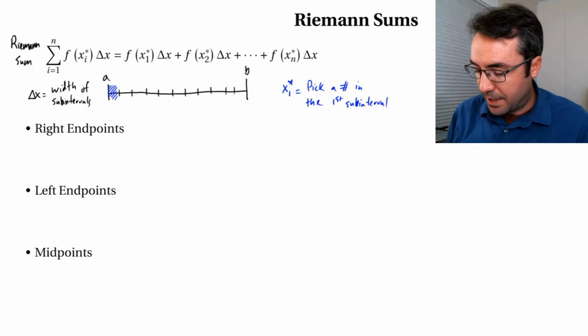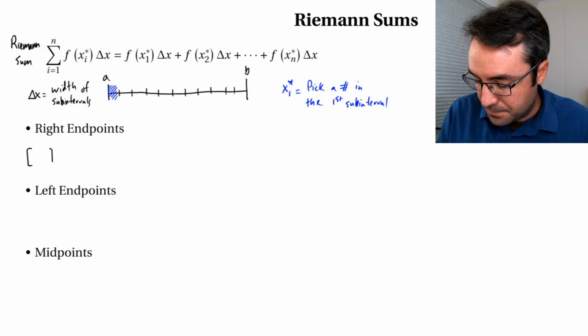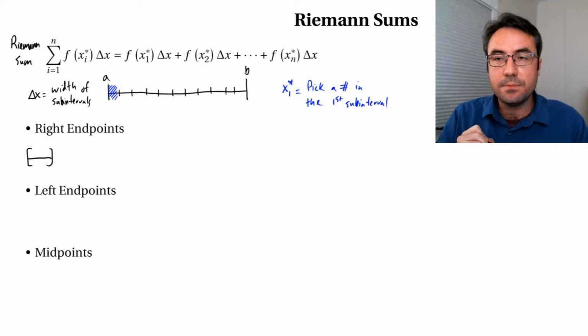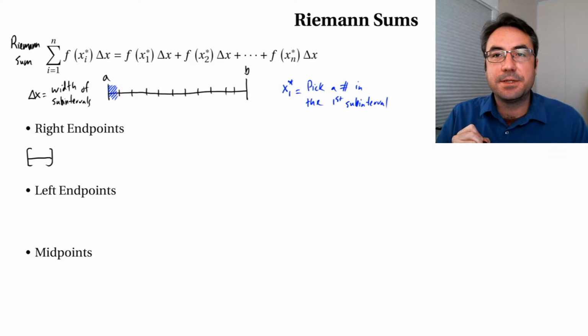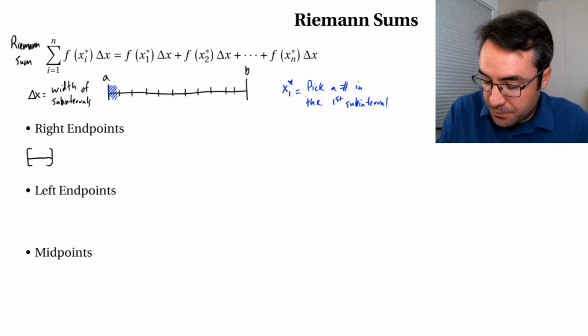So let's look at the case where we pick right endpoints. So let's say we have our little subinterval, and what we're going to do for each of those little subintervals is pick the right endpoint.